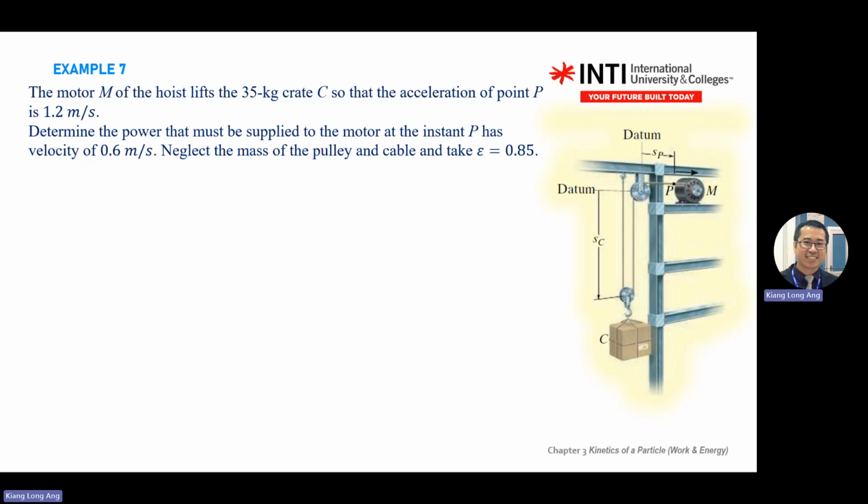Okay. Now here you are given the datum. You are given a pulley. When you see a pulley, you need to pull out the steps in analyzing a pulley. The first step is what? Find the total length of the rope first.